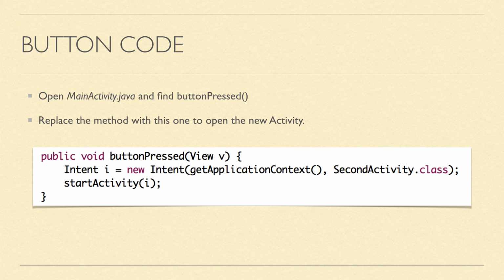But in your button press method that we created previously in the other slide, this is the code to get it to open up a new activity. Intent i, again, the i can be anything. That's probably a bad name for a variable, but you have it Intent i = new Intent, getApplicationContext, SecondActivity. Look, I don't know what this does.